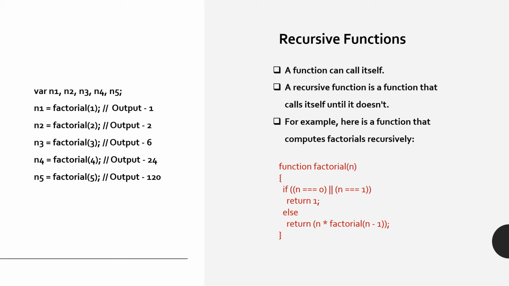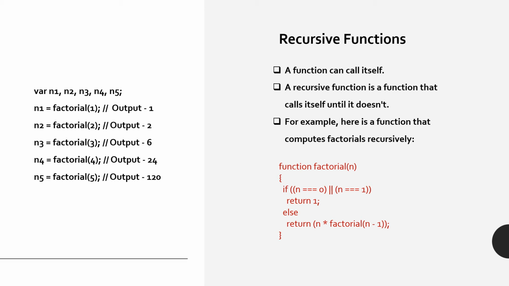Here is an example of factorial. For calculating the factorial of a number, see, this is the step. The function factorial calls itself. For calculation, it again passes the argument and keeps on calculating until the factorial is finished.